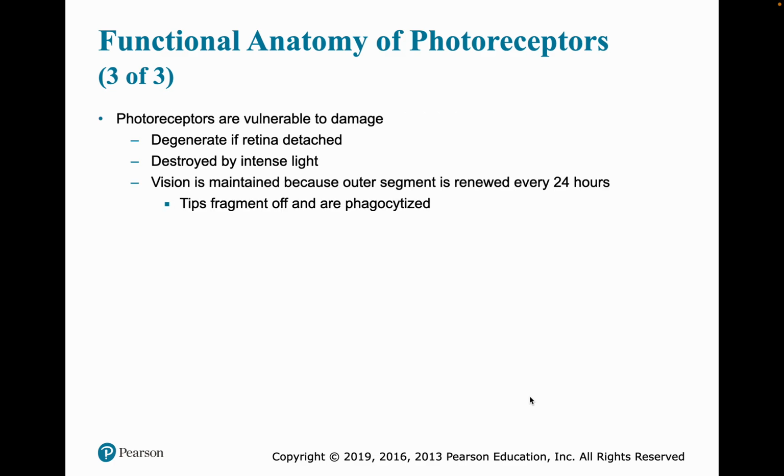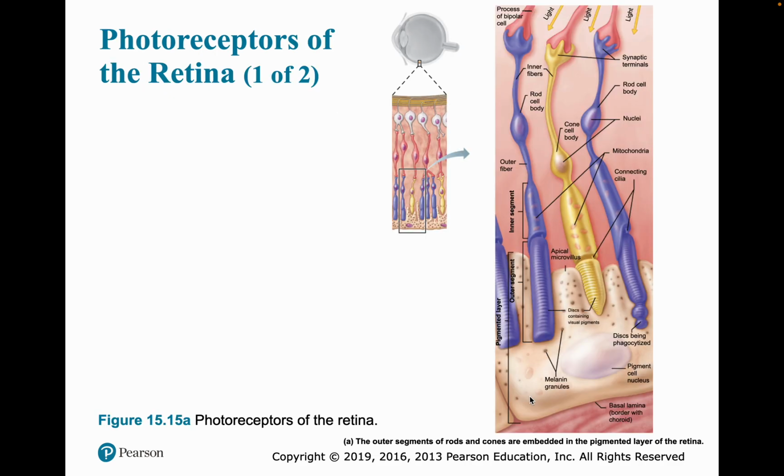Photoreceptors are vulnerable to damage. They degenerate if the retina becomes detached. They are destroyed by intense light. So vision is maintained because the outer segment is renewed every 24 hours. The tip fragments fall off and get phagocytized by other cells.